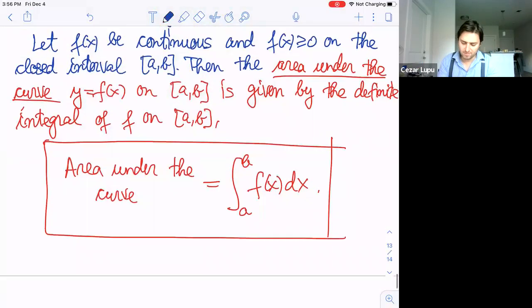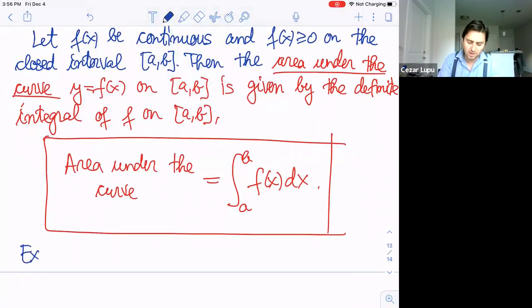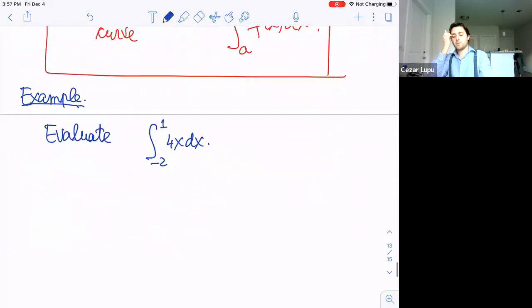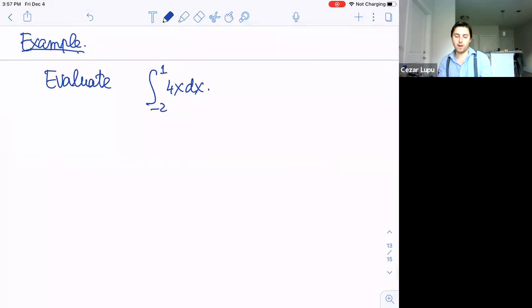I'm just going to provide this example so that you can see how we do this the hard way. All right. So we want to evaluate the following integral: the integral from -2 to 1 of 4x dx.